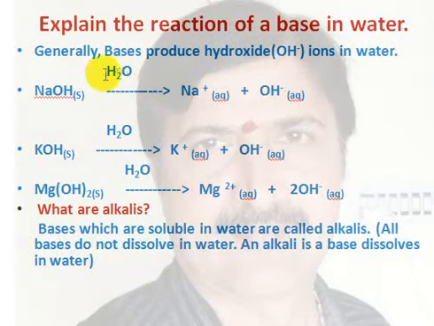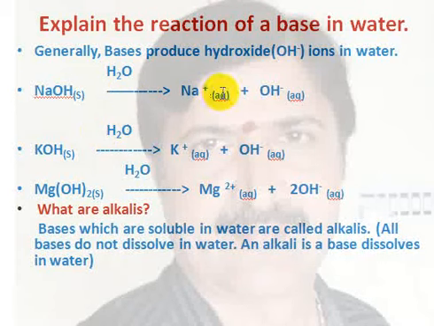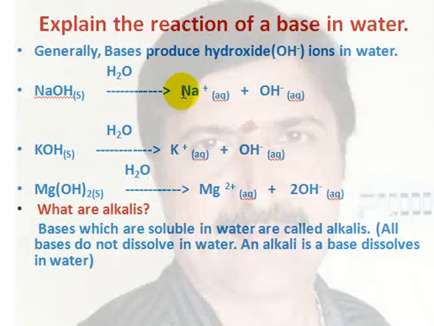When bases are added to water, ionization takes place. NaOH undergoes dissociation, also called ionization, and ions are produced: Na+ ions and OH minus ions.